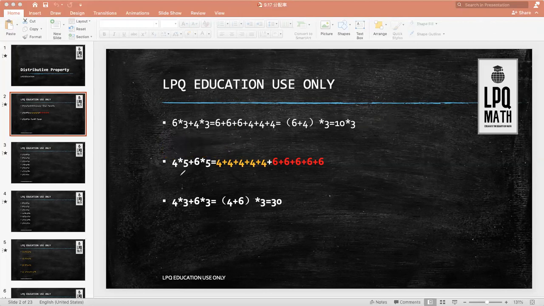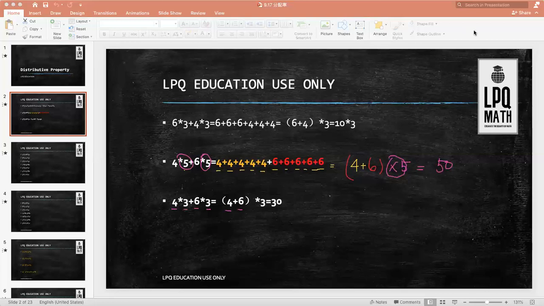The same thing is here: 4 times 5 is 5 groups of 4 added together, and 6 times 5 is 5 groups of 6 added together. So I can just use 4 plus 6, times 5, which equals 50. Very good. This is the same thing: 4 times 3 and 6 times 3 is 4 plus 6 times 3.